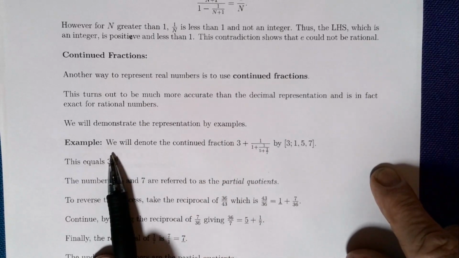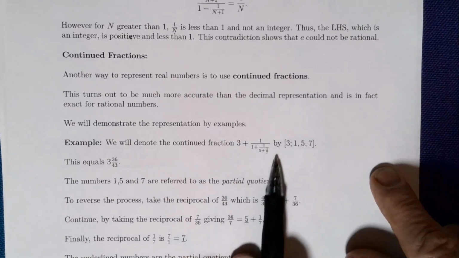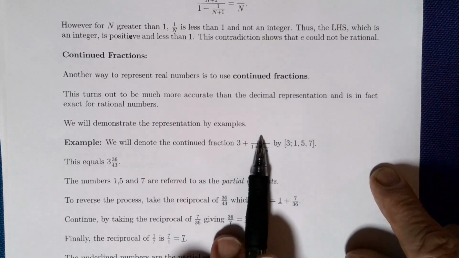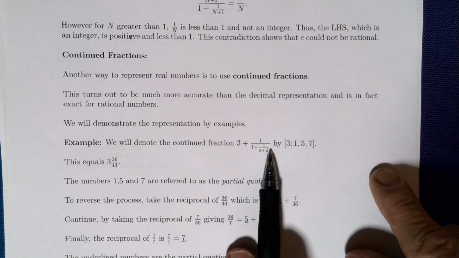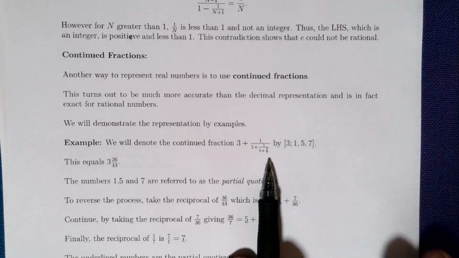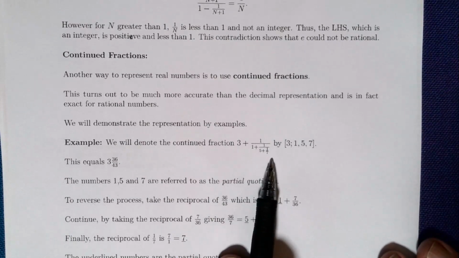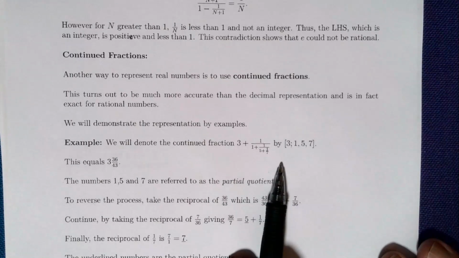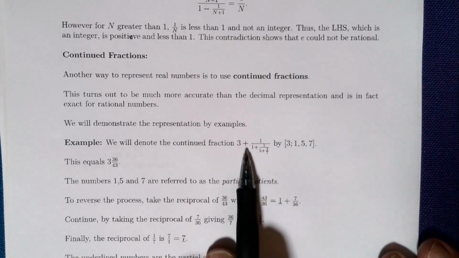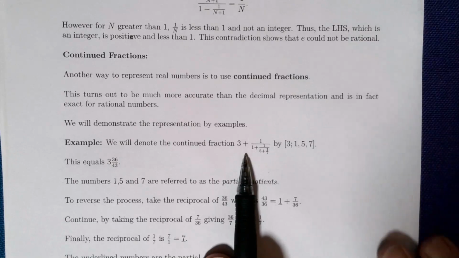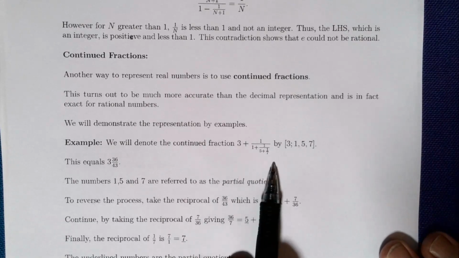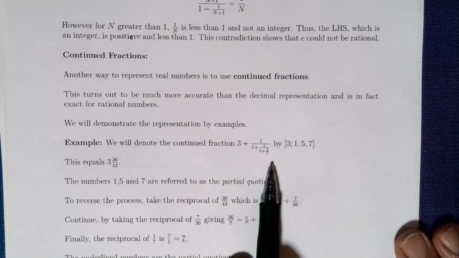Here's an example of a continued fraction. You have 3 plus 1 over 1 plus 1 over 5 plus 1 over 7. So you get these nested fractions. It's sort of like a tower of fractions here. Now that gets very cumbersome to write, and even in this print here, it's very hard to read and difficult to write.